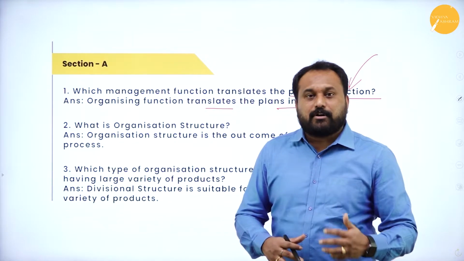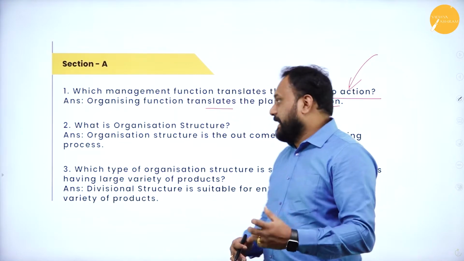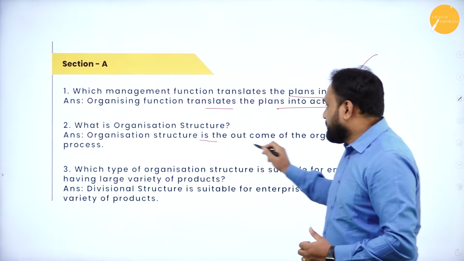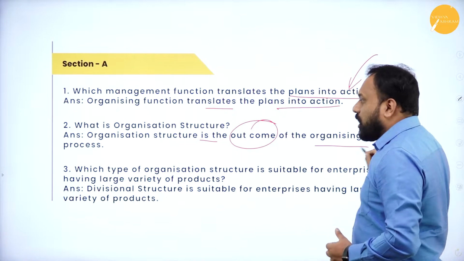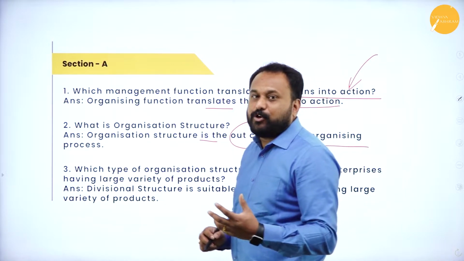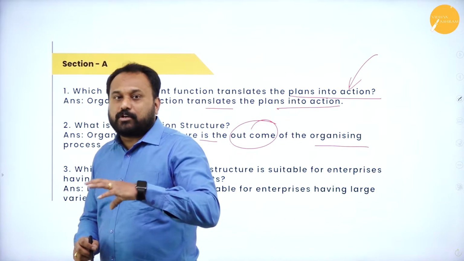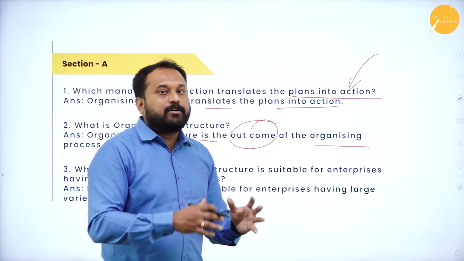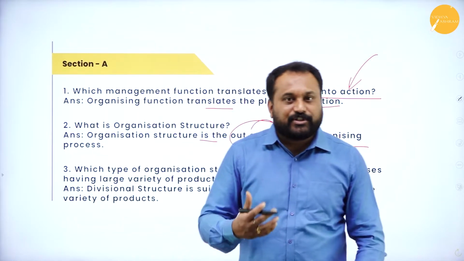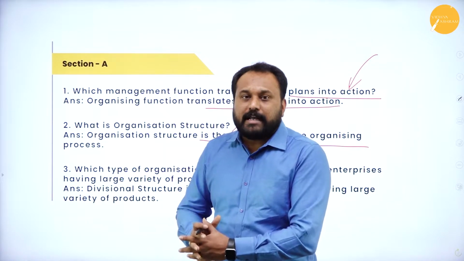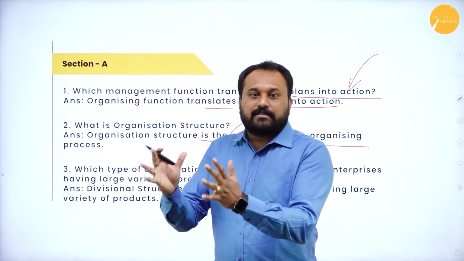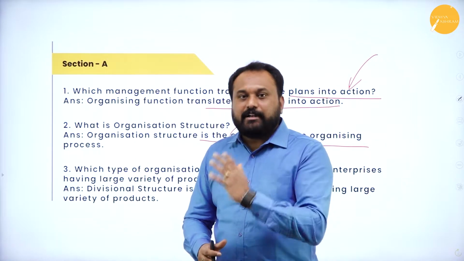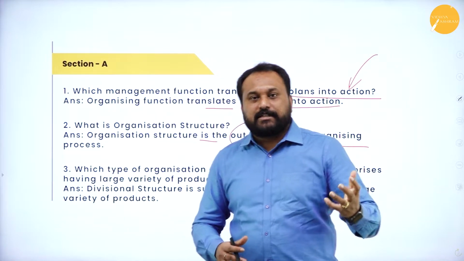So whenever we go with organization structure, what exactly it is, that is, the structure is the outcome of the organizing process. So when we go with the organizing process, what all is the outcome of the organization process, that we call it as organizational structure. Usually people will actually have a strong organization structure so that they will actually get what the objectives was desired by the organization.